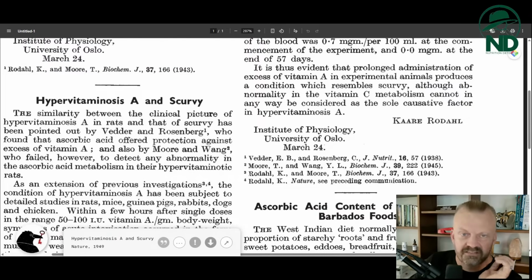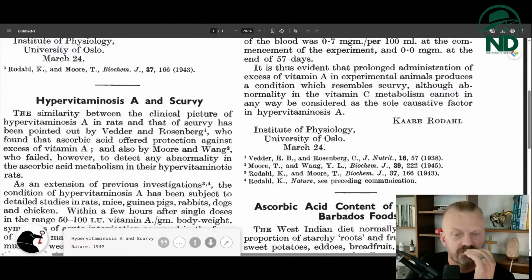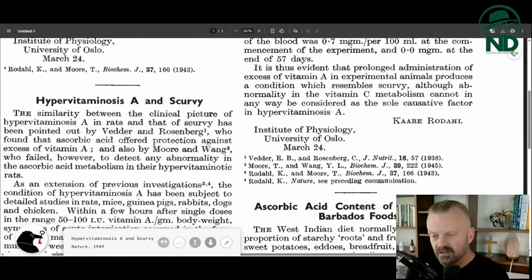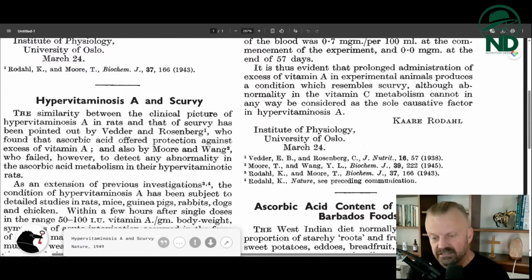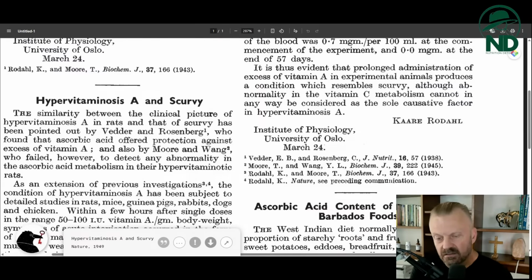post it, because scurvy's coming back, folks. I don't know if you heard this, but scurvy is coming back. But what if it's just nickel toxicity is getting worse? Nickel toxicity directly inhibits vitamin A detoxification in multiple ways.